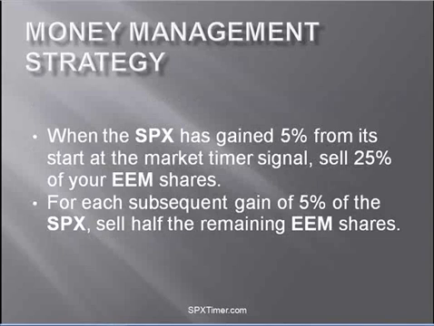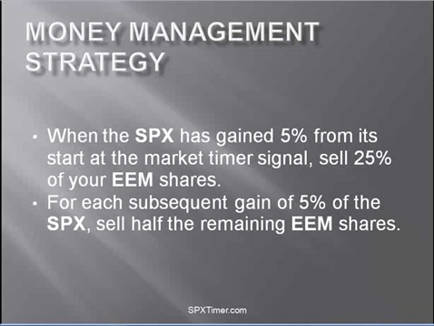Here is a brief description of the adapted money management strategy. When the SPX has gained 5% from its start at the market timer signal, sell 25% of your EEM shares. For each subsequent gain of 5% of the SPX, sell half the remaining EEM shares.